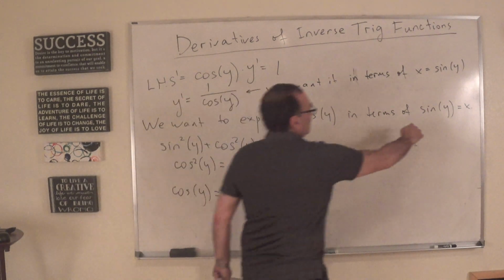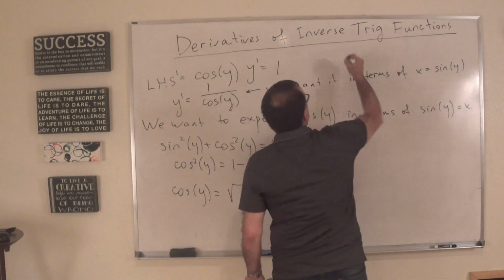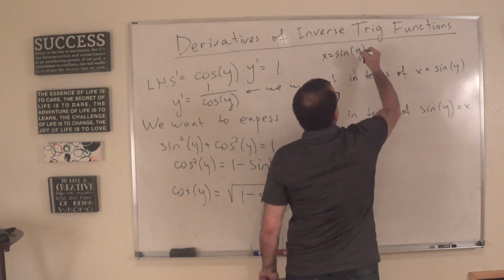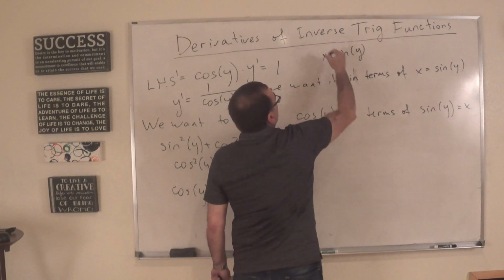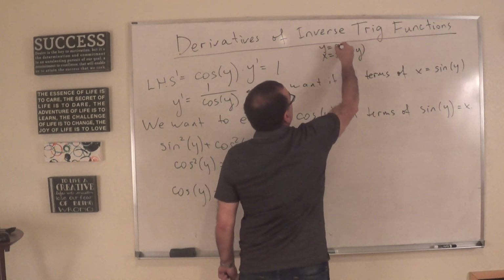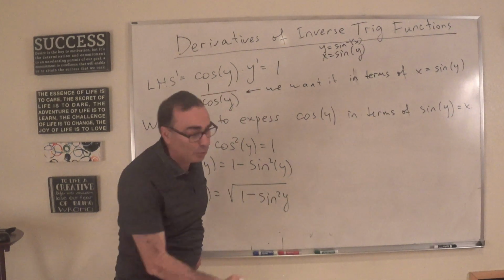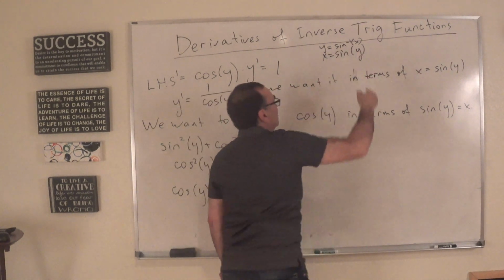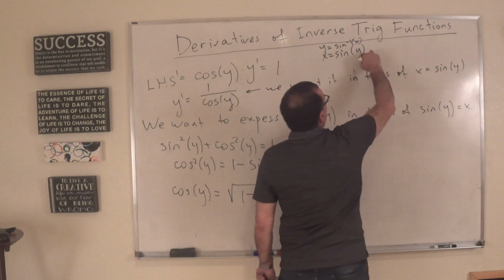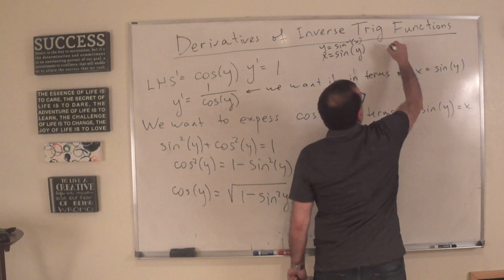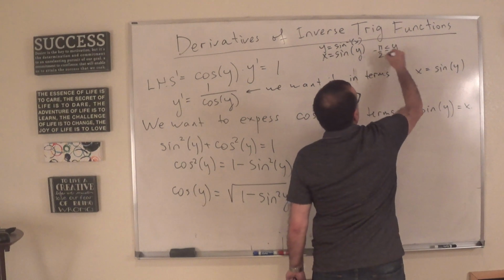Remember that x equals sine of y, and in order for the inverse function to be well defined, the argument of sine, which is y, should be between negative pi over 2 and pi over 2.